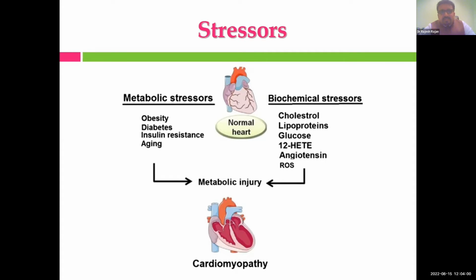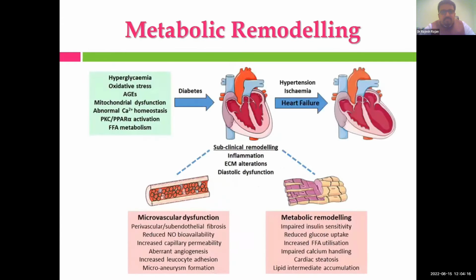There are several stressors which can cause diabetic cardiomyopathy. They can be divided into metabolic stressors and biochemical stressors, which lead to metabolic injury, and as a result diabetic cardiomyopathy develops. In this metabolic remodeling, because of hyperglycemia, there is oxidative stress, AGEs, mitochondrial dysfunction, abnormal calcium homeostasis, and altered free fatty acid metabolism.